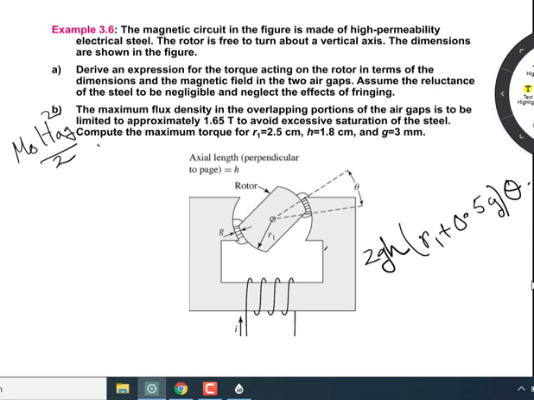So here you will get that expression: this is our air gap co-energy density, and this one is volume.